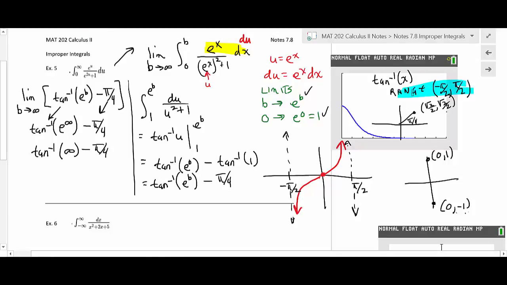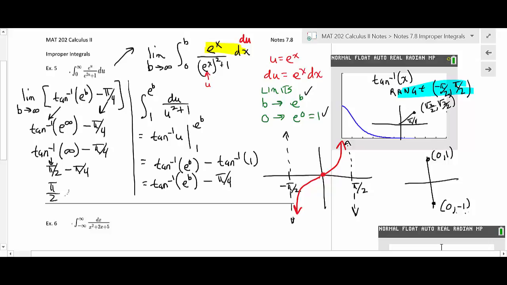You can only give me an answer from negative pi over 2 to pi over 2. Now, you can go ahead and give pi over 2, because when the tangent's infinite, you're getting very, very close to pi over 2 like that. So what you would do then is conclude that that's pi over 2 minus pi over 4, like that. And then when you do that, you get a common denominator.